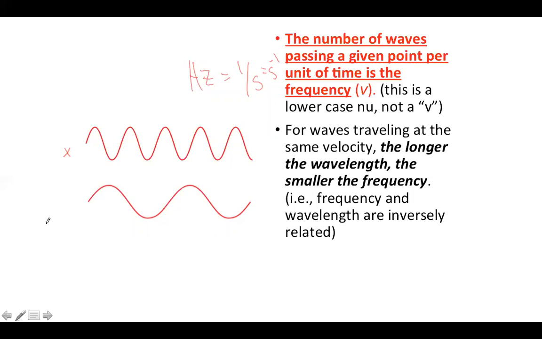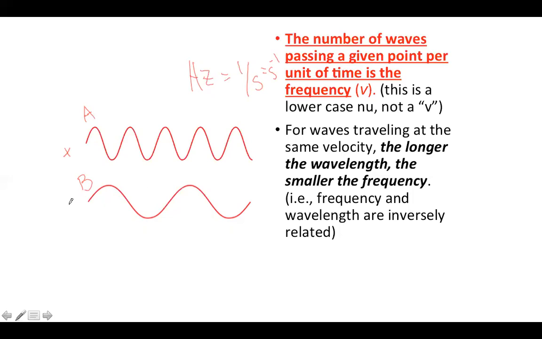As you could hopefully predict, we have two different waves. Let's call the top one A and the bottom one B. A is going to have a much shorter wavelength, as we can see in this picture, whereas B would have a longer wavelength.